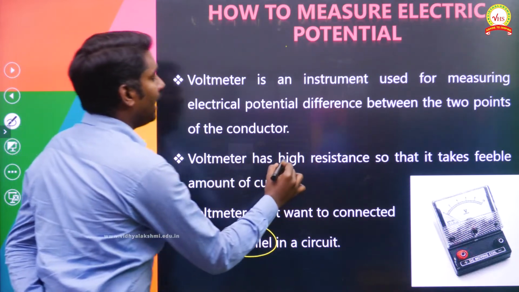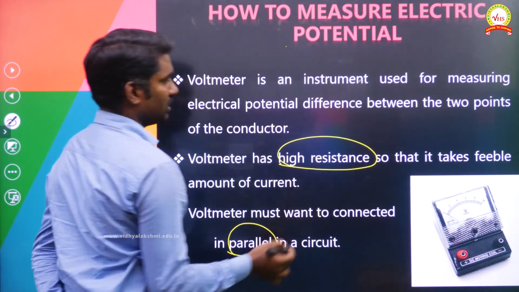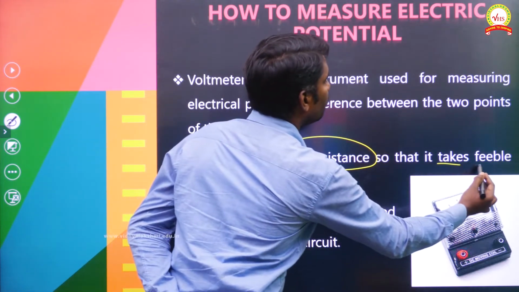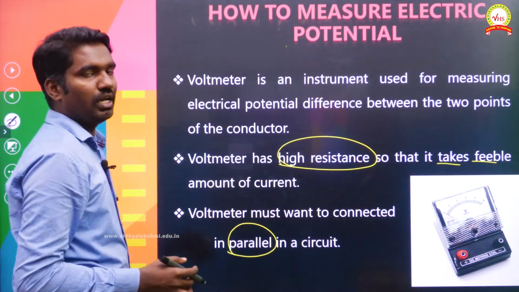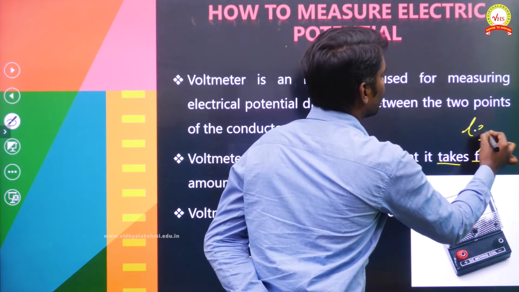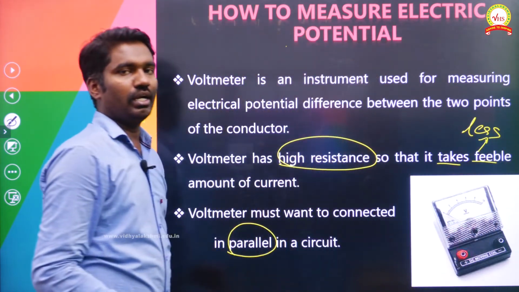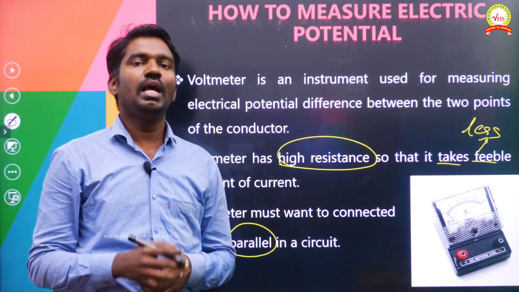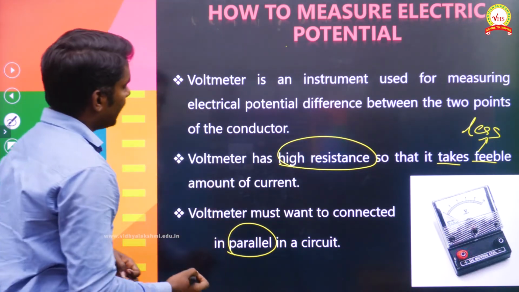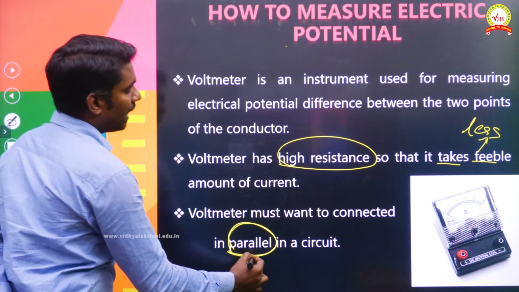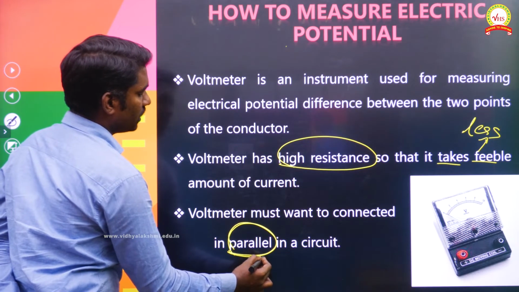Because it has high resistance. Since it has high resistance, it takes only a feeble amount of current. What is the meaning of the word feeble here? That means it takes a small amount of current. So the voltmeter consumes only a small amount of current, and it must always be connected in parallel in the circuit.